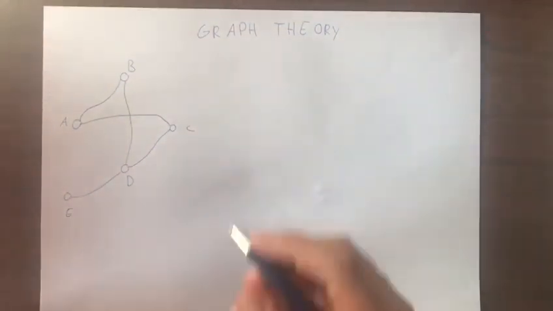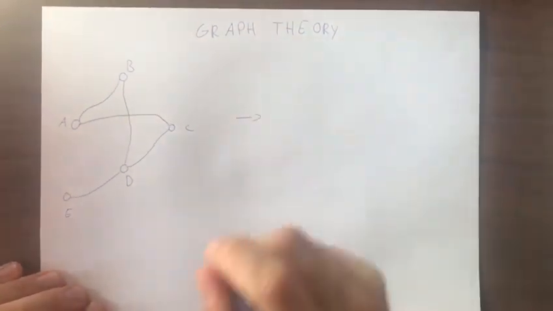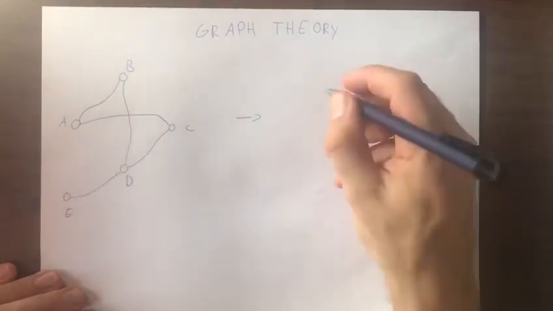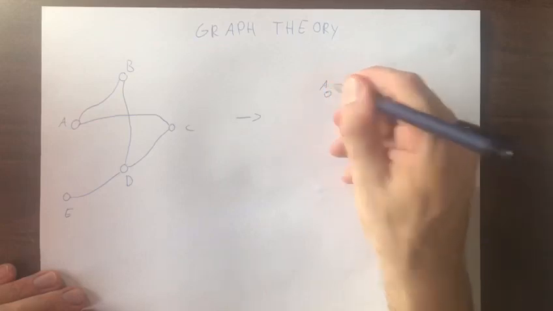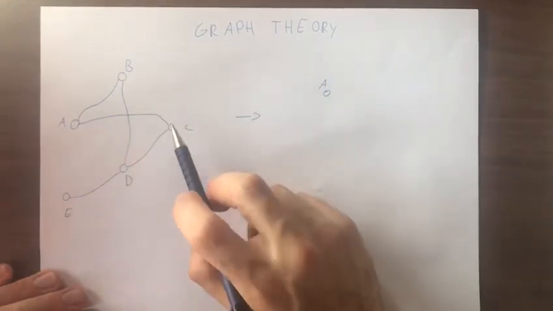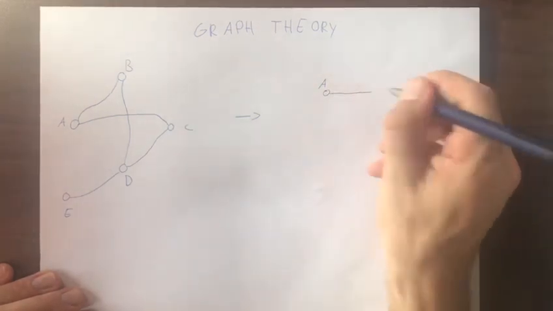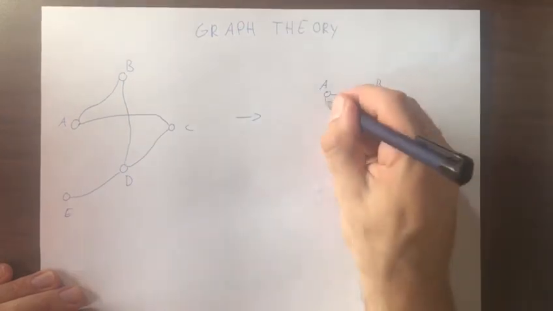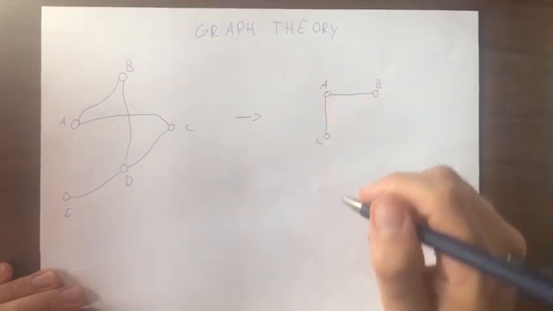And graphs are isomorphic, meaning that we can draw this network in a more abstract way, which we're gonna call a graph. So suppose we take village A, and it's connected to B and to C. So we can draw this in a graph like this. A is connected to B, and A is connected to C as well.